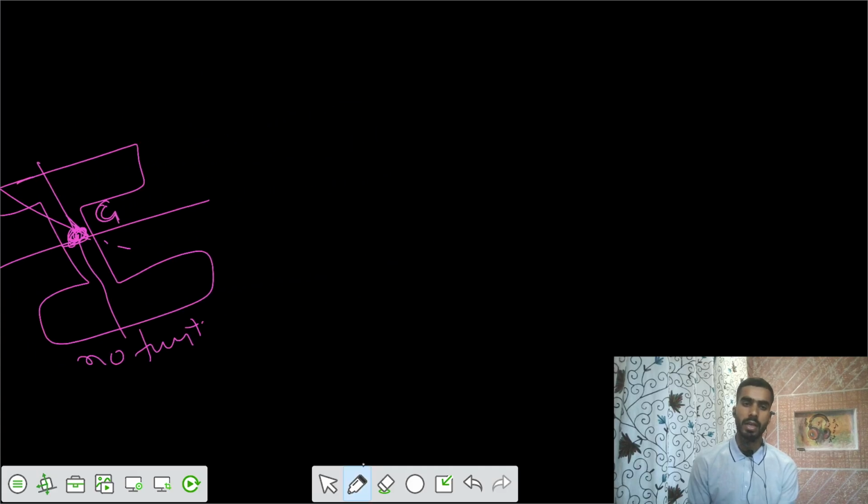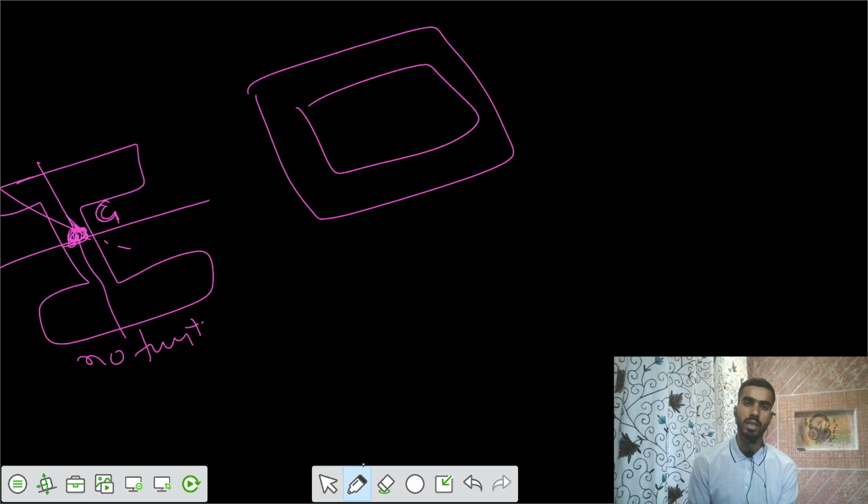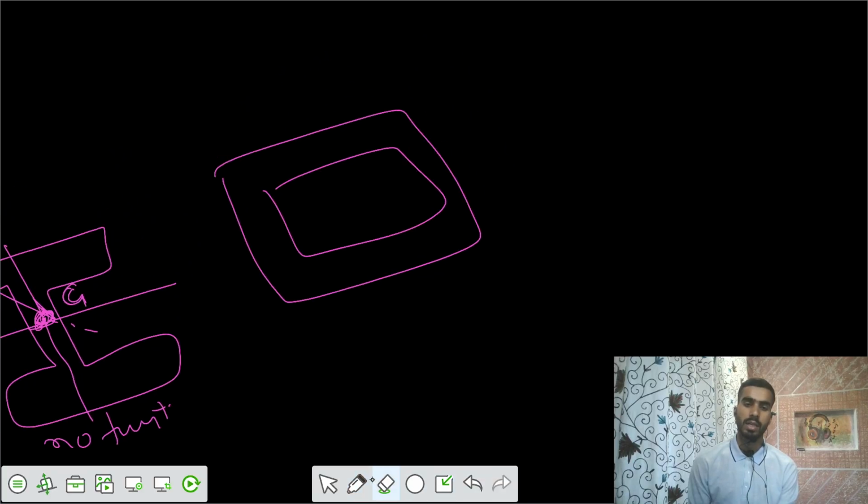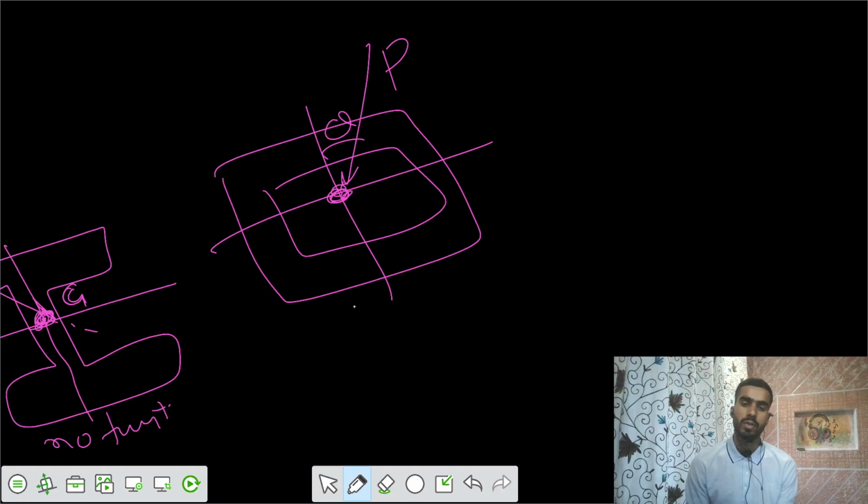Similarly, you take any other section. Let's take a box section. You have the CG. Let's apply the load at an angle of theta. Again there is no twisting.